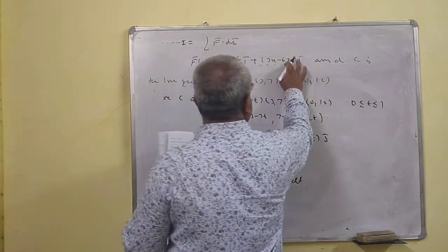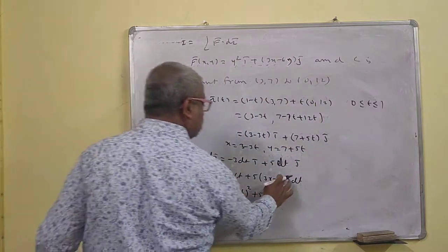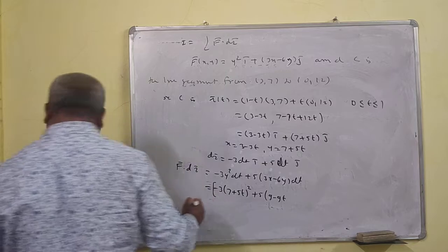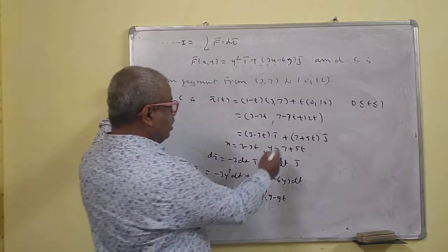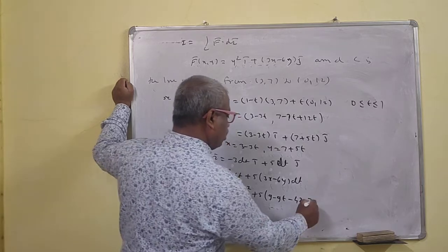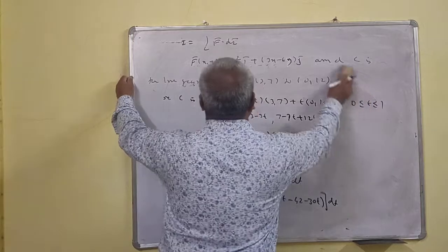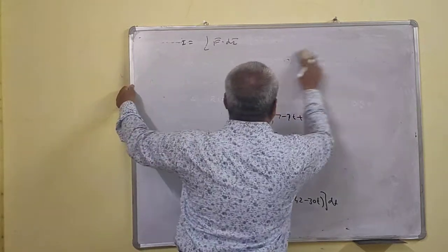This is 6y, this is 6y. Minus 6y, and your y is this. So minus 42 minus 30t, dt. Now we'll find the value of the integration.